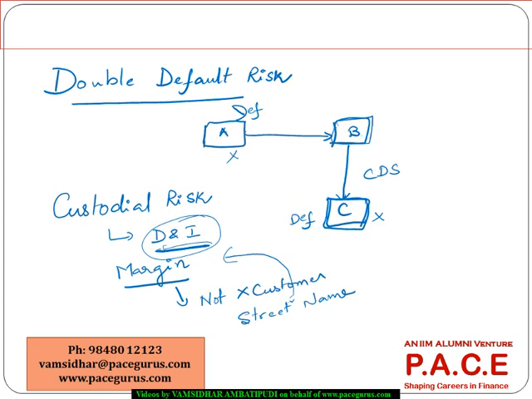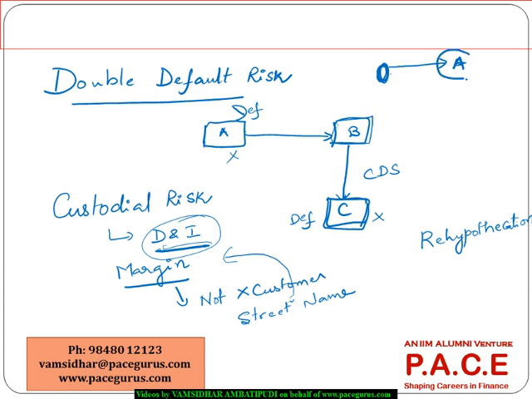And we also look at the other case, which is called rehypothecation, another important mechanism which is creating additional risk. Let's say I have pledged a collateral, some set of securities, with company A for a borrowing purpose.